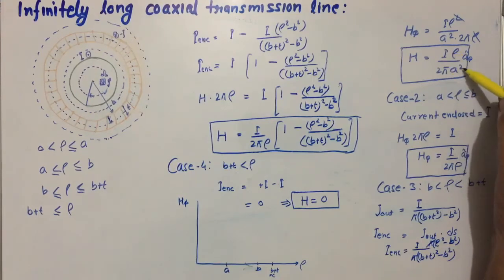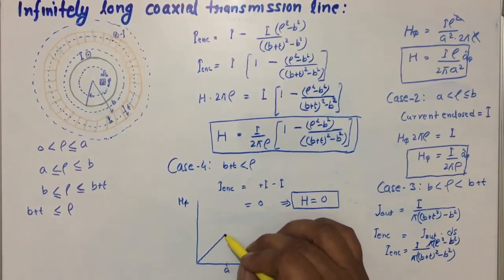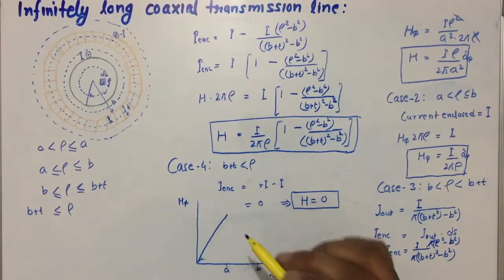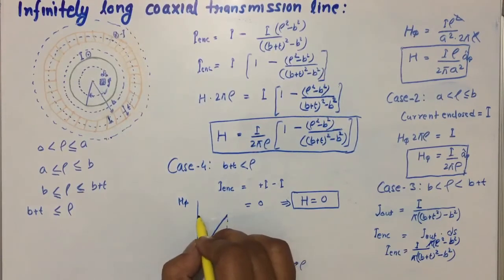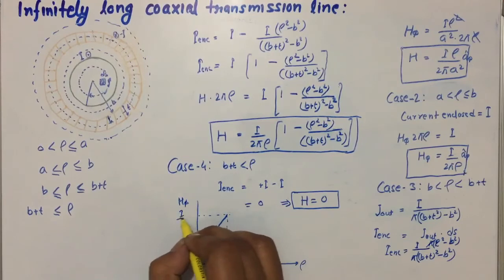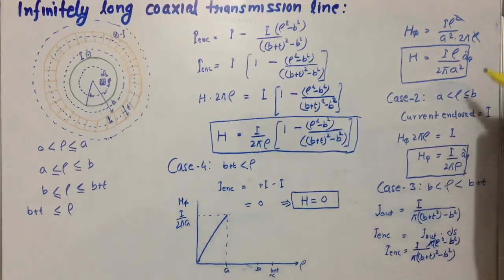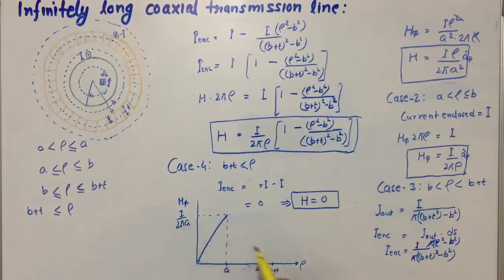The remaining things were constant, so it was directly proportional to rho, up to A. At this point, it is I by 2 pi A. If we are at A, rho will be A, one rho will be cancelled out, so at this point the field is this.